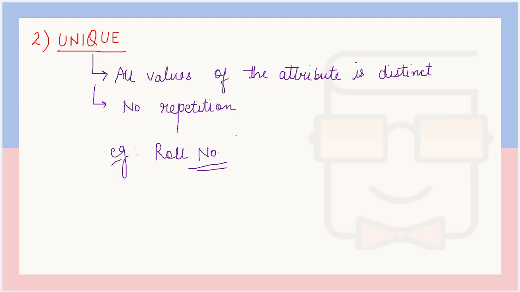So these values will always be distinct for each and every individual, each and every entity that is stored in the database, and that is why in such scenarios we utilize the unique constraint. If by mistake the person who is entering the data into the database also enters a duplicate value, then this constraint will not allow that value to be stored in the database.